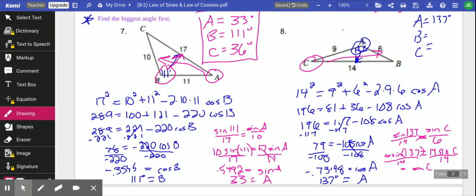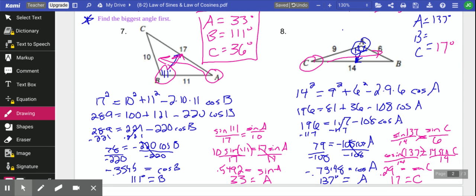In our calculator, we're going to do 6 sine of 137, close the parentheses, divided by 14. We get 0.29, it goes on. I don't have enough room to write it all. You're going to do inverse sine of that, and you're going to get 17 degrees.